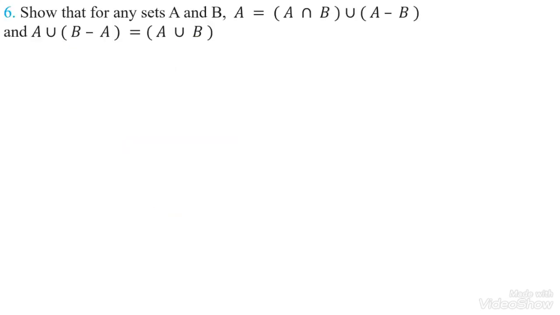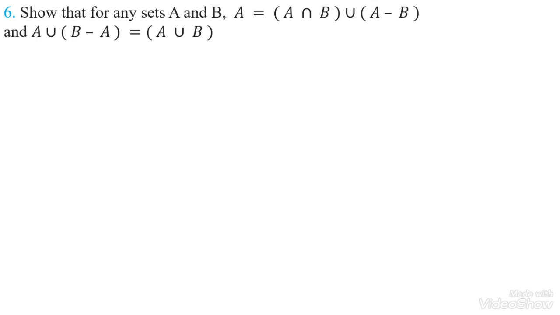Question number 6. Show that for any sets A and B, A is equal to A intersection B union A minus B, and A union B minus A is equal to A union B. Okay. Now I will take an example.